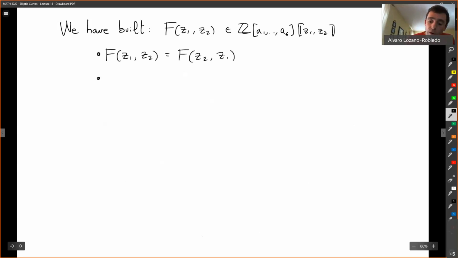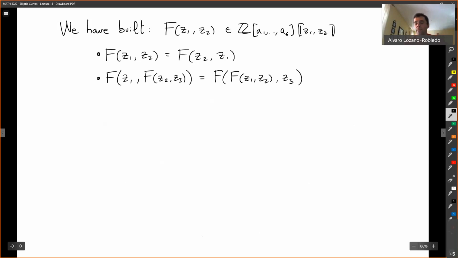We also know that the addition on elliptic curves is associative, so f of z1, f of z2, z3 should be the same as f of f of z1, z2, comma z3. The first is because addition is commutative, and the second is because addition is associative.